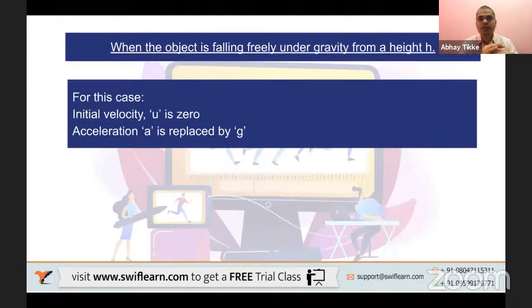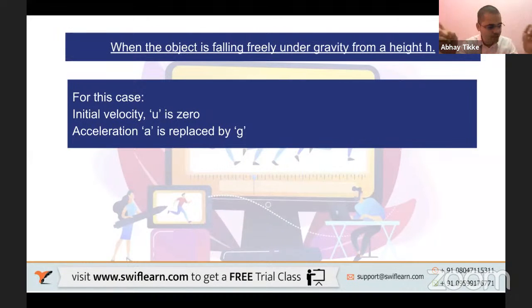When the object is falling freely under gravity from a height h, initial velocity u is 0, right? Acceleration a is replaced by g. ये थर्ड केस है आपका. पहला वाला केस हमने कौन सा डिस्कस किया? बताओ जल्दी बच्चों. Dear students, please tell me what was the first case we discussed?